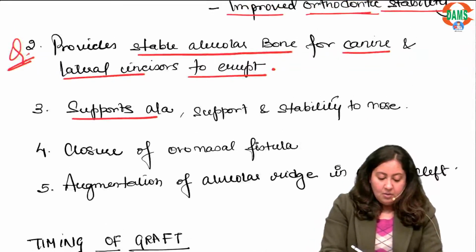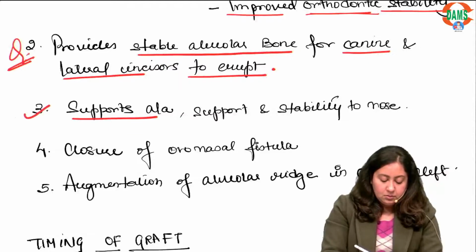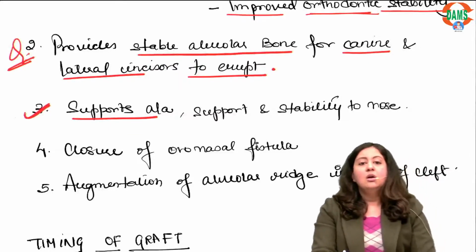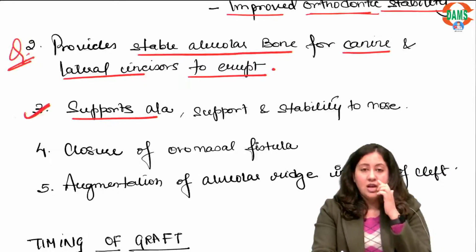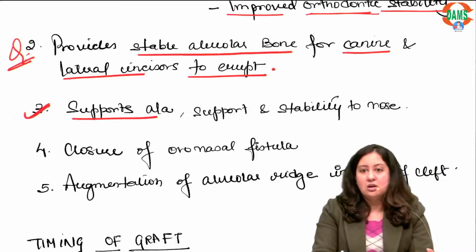Supports the ala. If you see in cleft lip and palate patients, if you've seen their pictures in your textbooks, the anatomy around the nose, the nasal bridge, this whole area is also distorted.